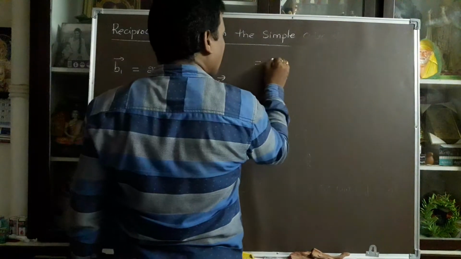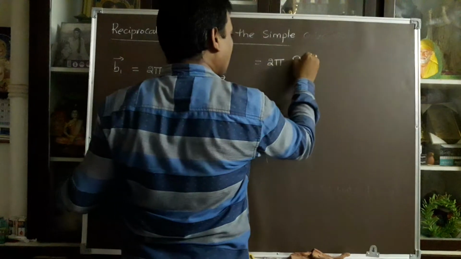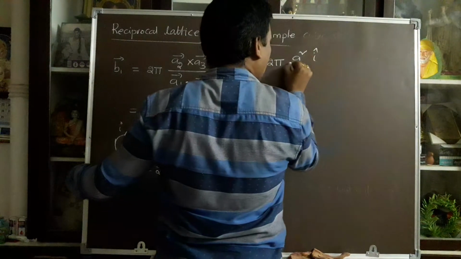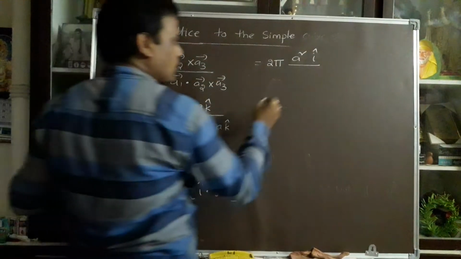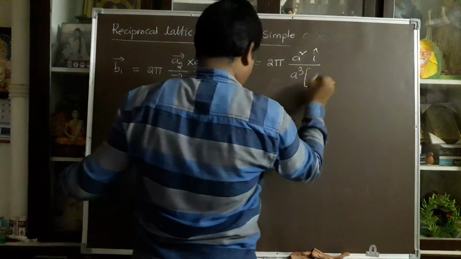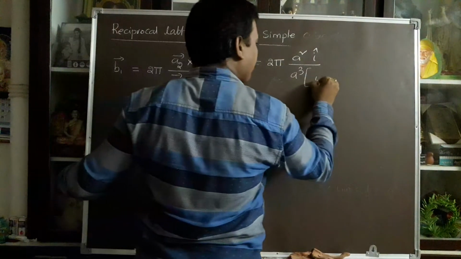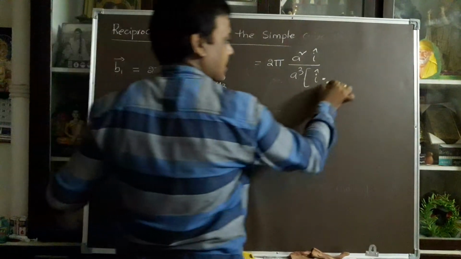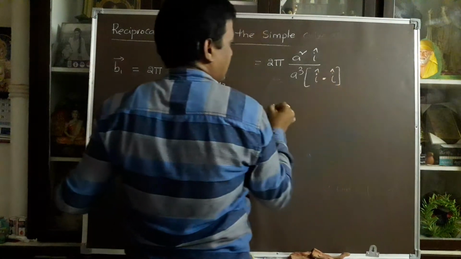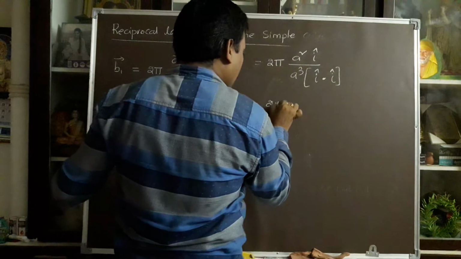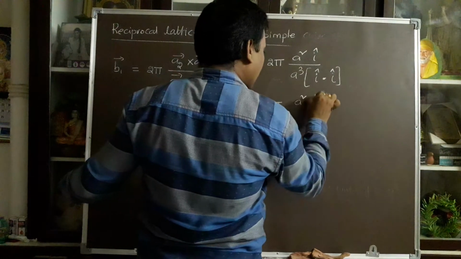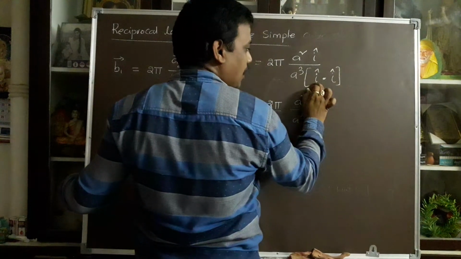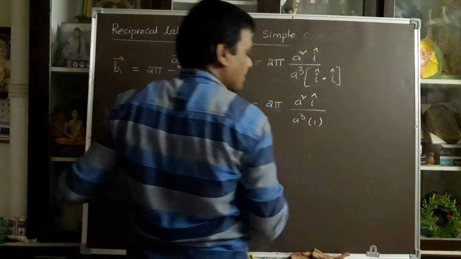So you get 2 pi into a square into i cap divided by a cube into i bar dot i bar, and i bar dot i bar is always equal to 1.